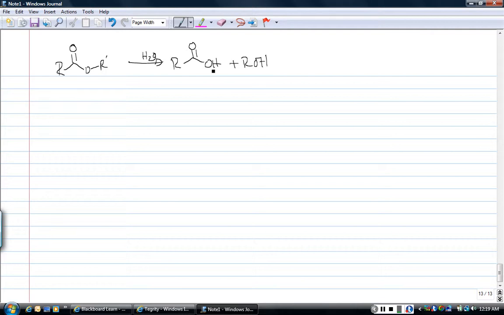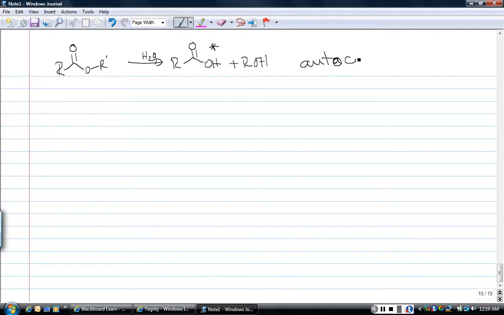The problem is the reaction gets faster and faster because the carboxylic acid turns out to catalyze the hydrolysis. Normally a reaction should slow down as your concentration of reagents falls. But with hydrolysis of esters, what you get is autocatalysis.